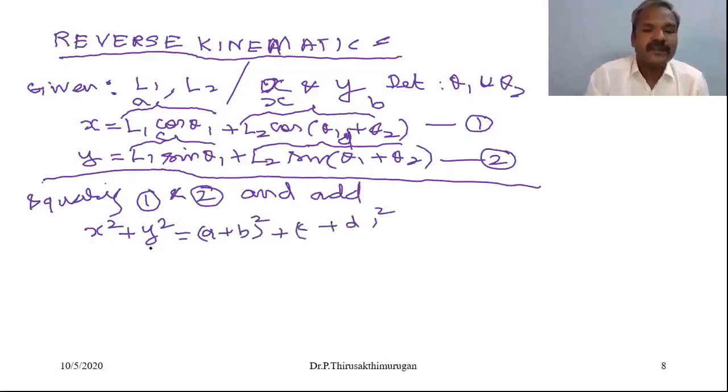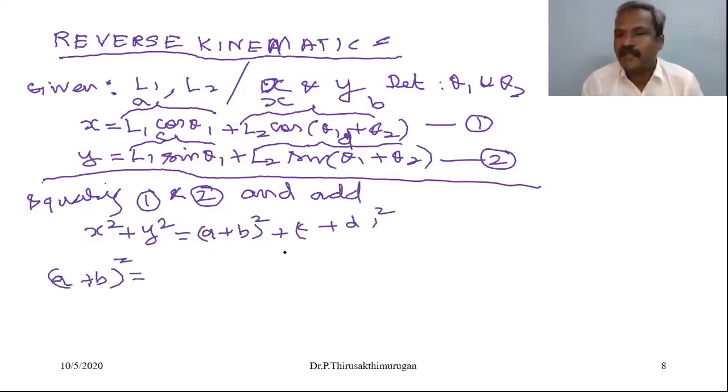First solve A plus B whole square, which equals A square plus B square plus 2AB. What are we getting?